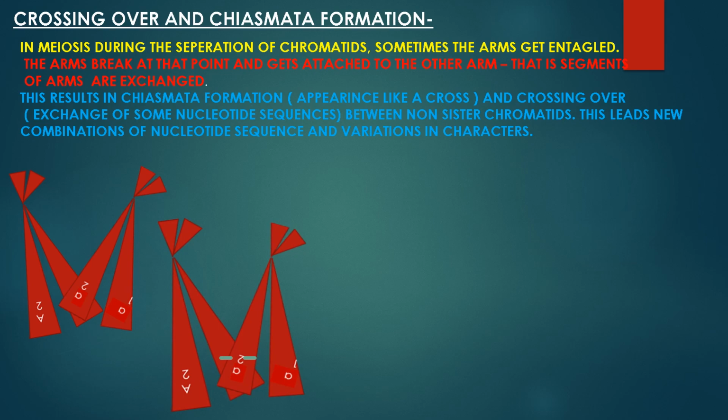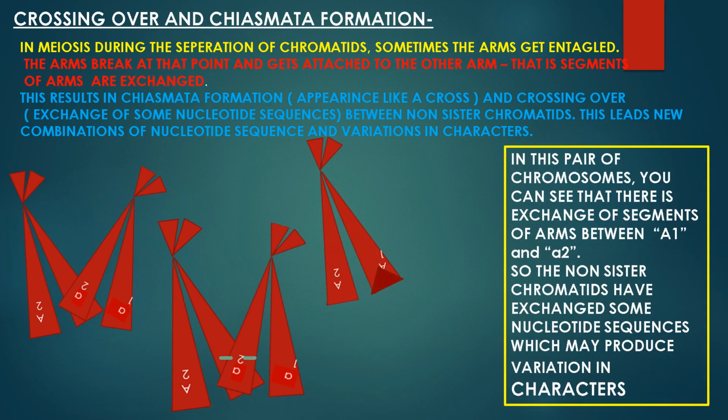Segments of arm are exchanged. This results in an appearance which is like a cross, which is called chiasma formation or chiasmata formation. And as there is exchange of nucleotide sequence between the non-sister chromatids, it can lead to crossing over and variation in characters of that organism.